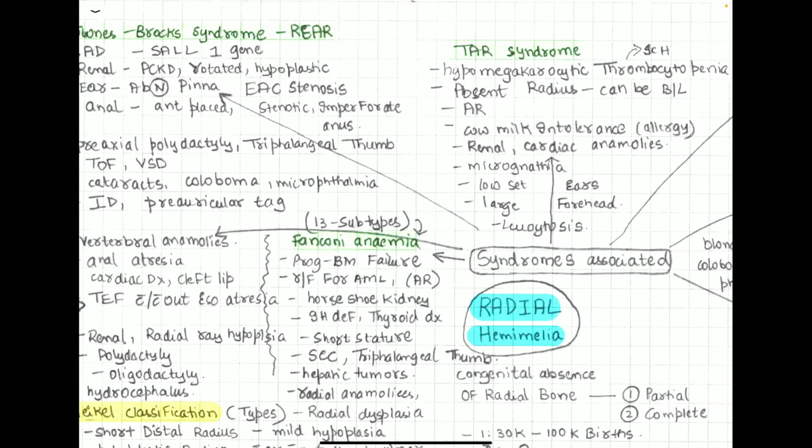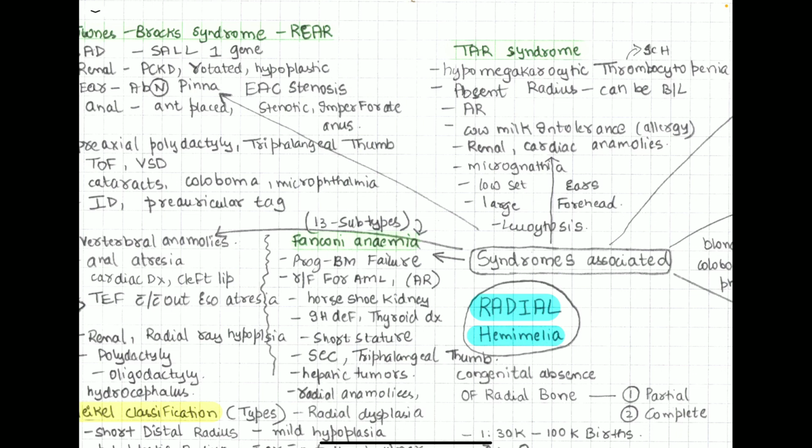These patients are associated with horseshoe kidney, growth hormone deficiency, hypothyroidism, short stature, squamous cell carcinoma of the esophagus, vulva, and oropharynx. There can be a triphalangeal thumb in these patients also. So we have seen there is a triphalangeal thumb in so many syndromes.